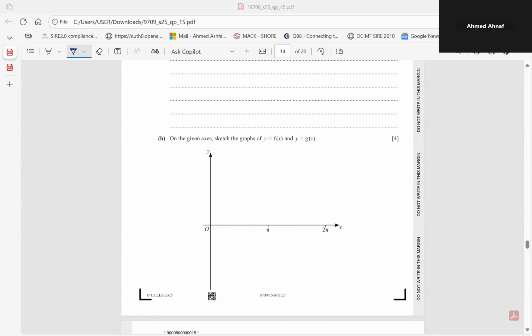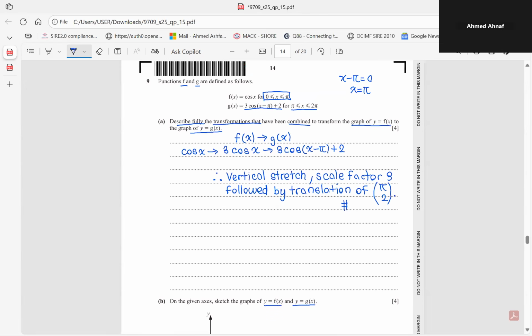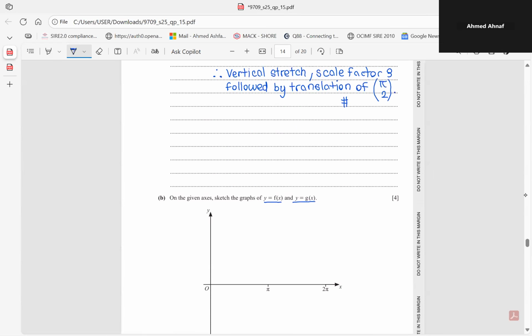Okay, so in this part, on the given axis, we have to sketch the graphs of y equals f(x) and y equals g(x). First let's sketch the curve of y equals f(x). So f(x) is just cosine x for this domain between 0 and pi.